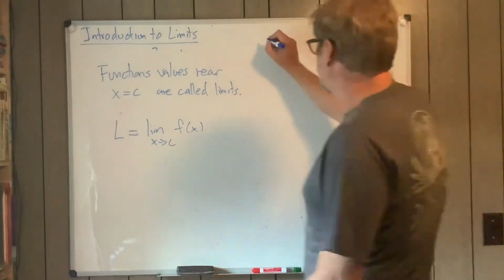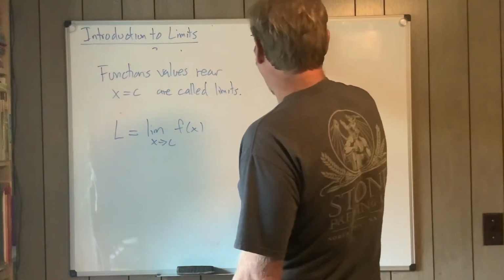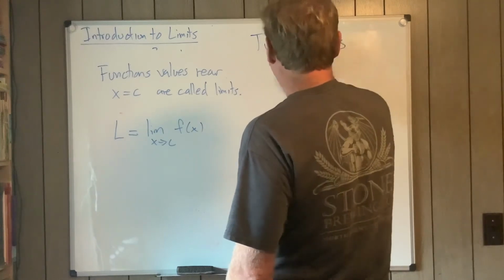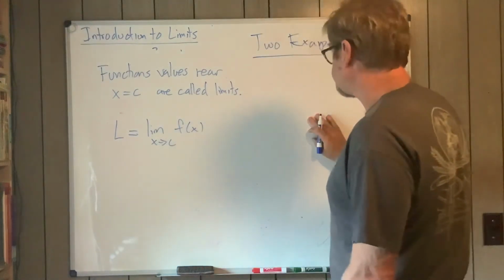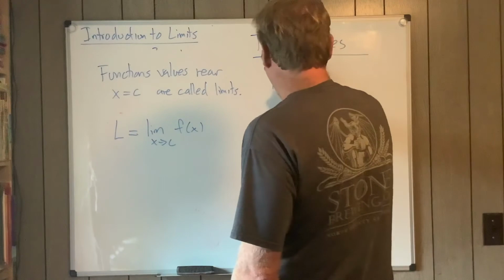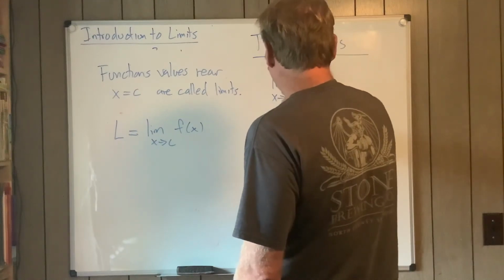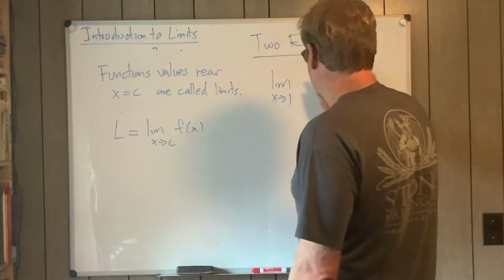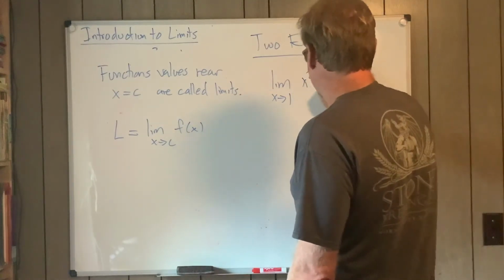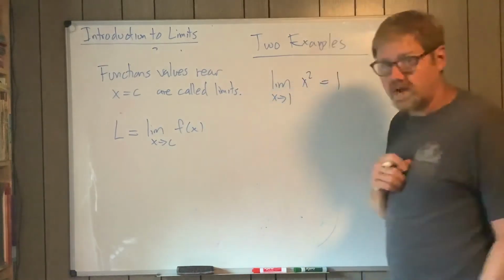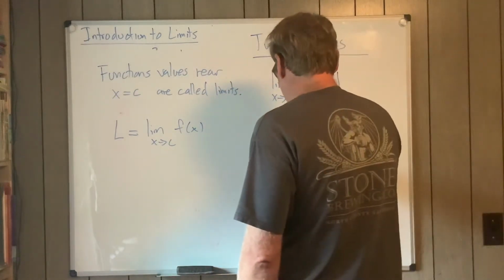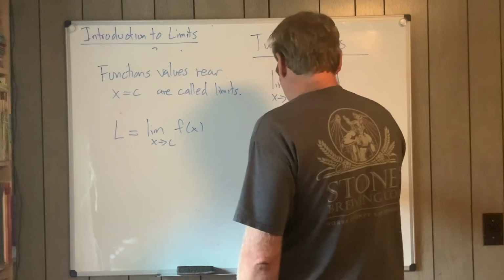Okay, so the two examples that we did: we had the limit as x goes to 1 of the first one, x squared, was 1. And then we also said the limit as x goes to 1 of the second function.